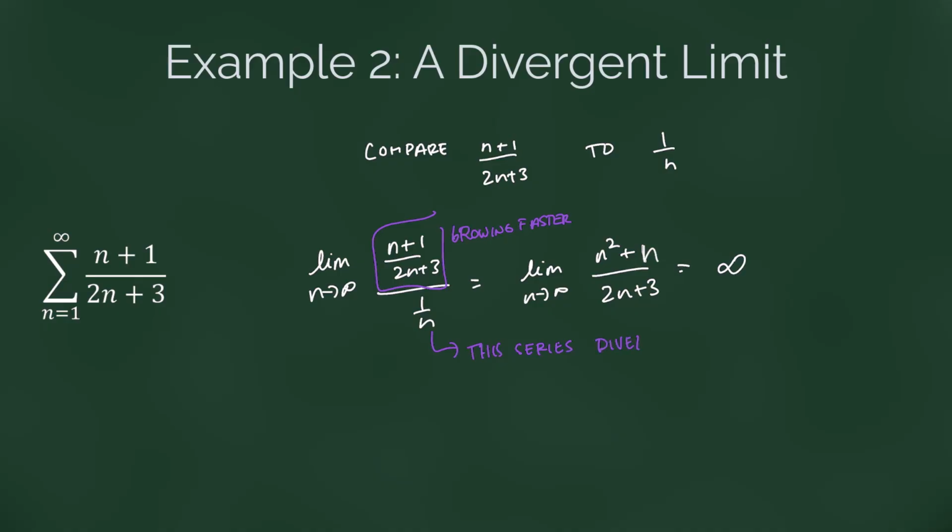So anything that grows faster than a series that's divergent must also diverge, so we get to conclude that the sum from n equals 1 to infinity of n plus 1 over 2n plus 3 also diverges.